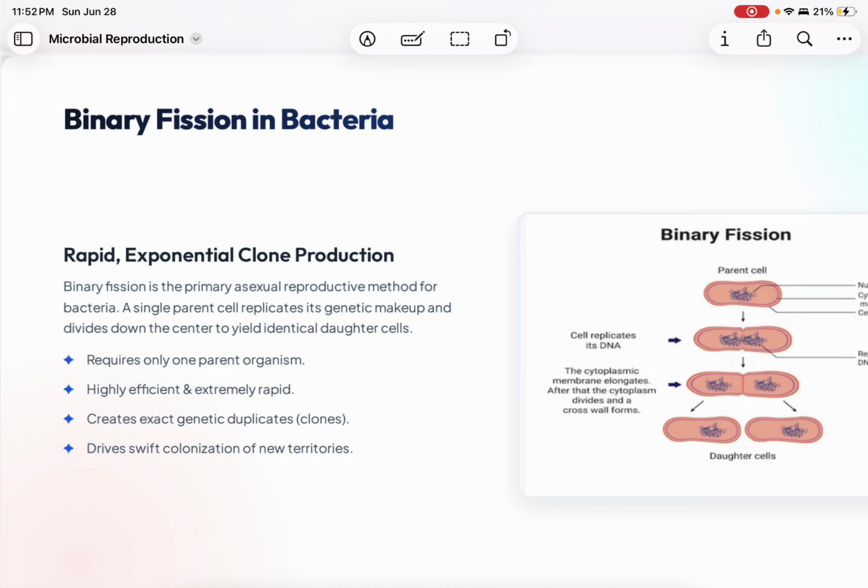The bacterial cell copies its DNA. The two DNA copies move to opposite ends of the cell, and the cell membrane and cell wall begin to pinch inwards until the cell divides into two genetically identical daughter cells.